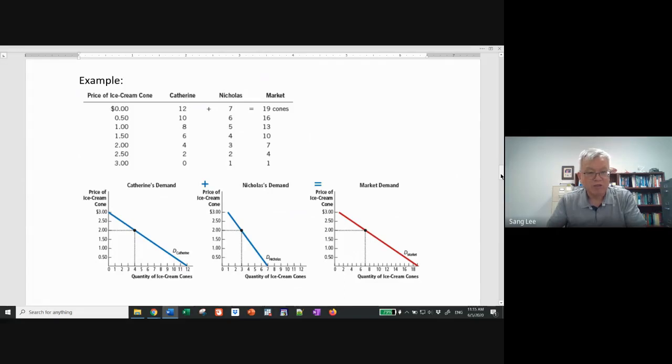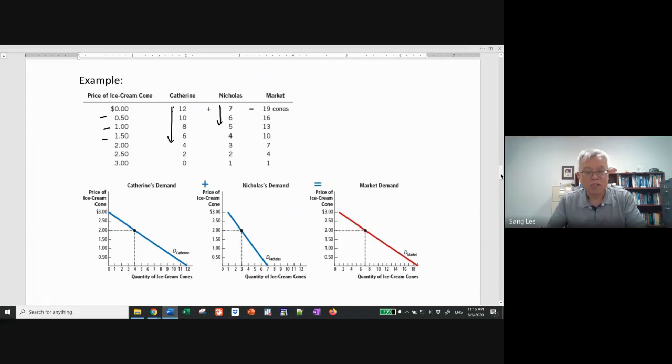As the price rises from 0 to $3, Catherine reduces her quantity demanded of ice cream cones. And here, Nicholas has his own demand for ice cream cones. So you can tell pretty much who likes ice cream cones better? Obviously, Catherine, because at each price here, the quantity demanded of ice cream cones is greater for Catherine.